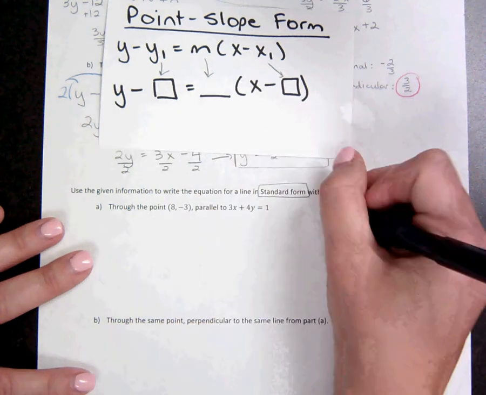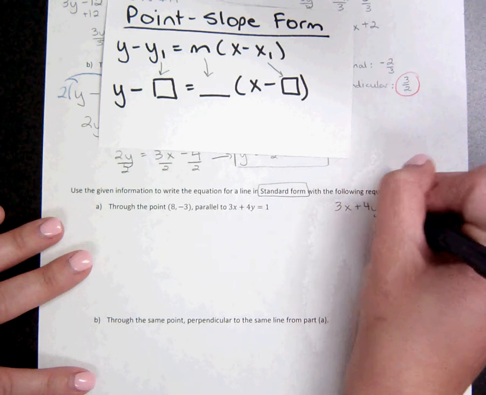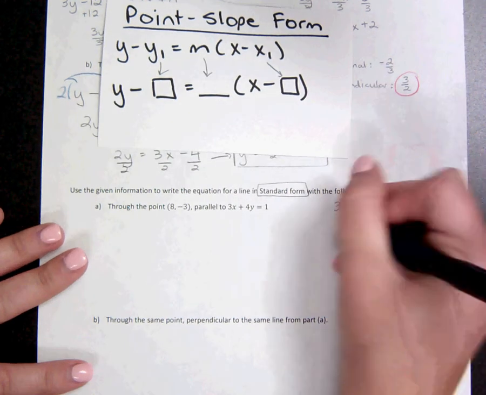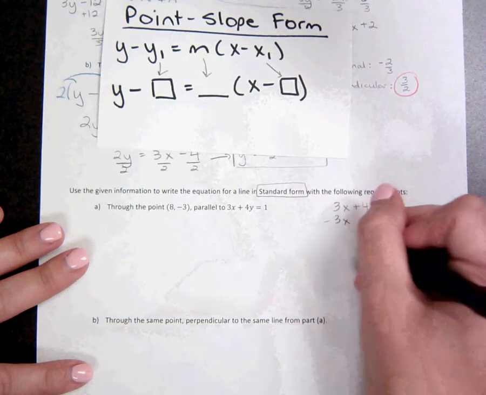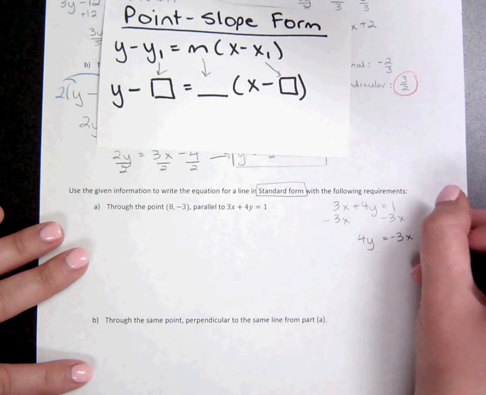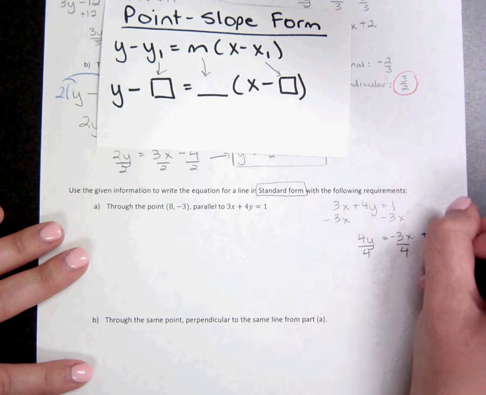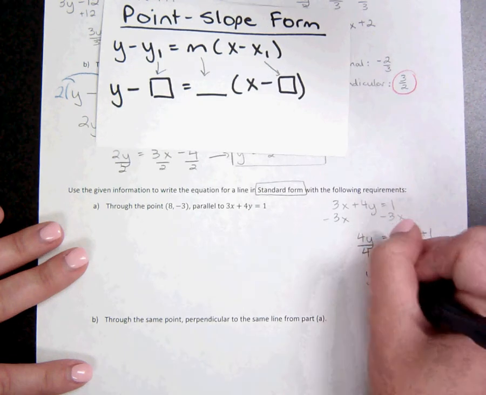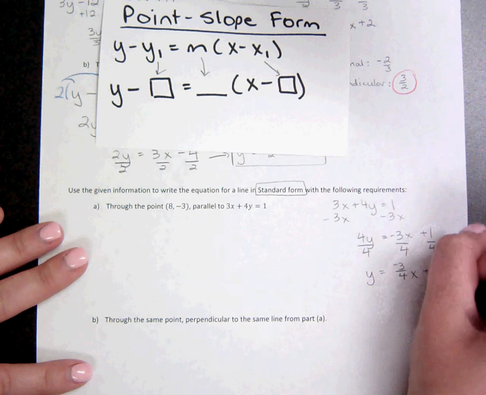So let's see, we've got our equation 3x plus 4y equals 1. I've got to get the slope from that, so I'm going to move my 3x to the other side. This is what we practiced at the very beginning of, I think it was section 8.4. And divide by 4. So we're going to have y equals negative 3/4 x plus 1/4.